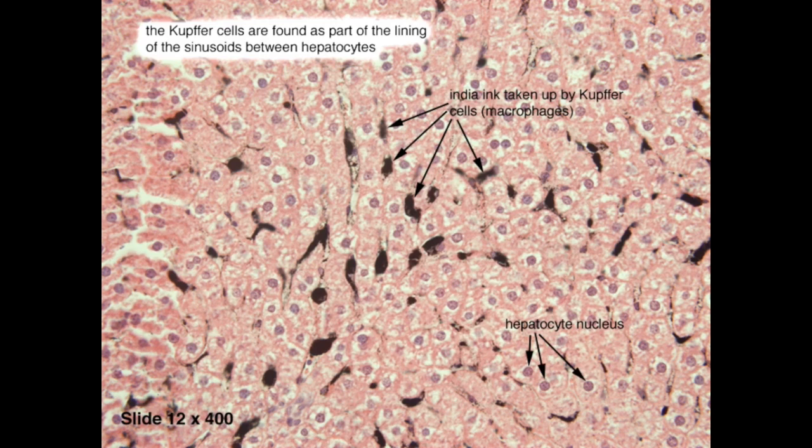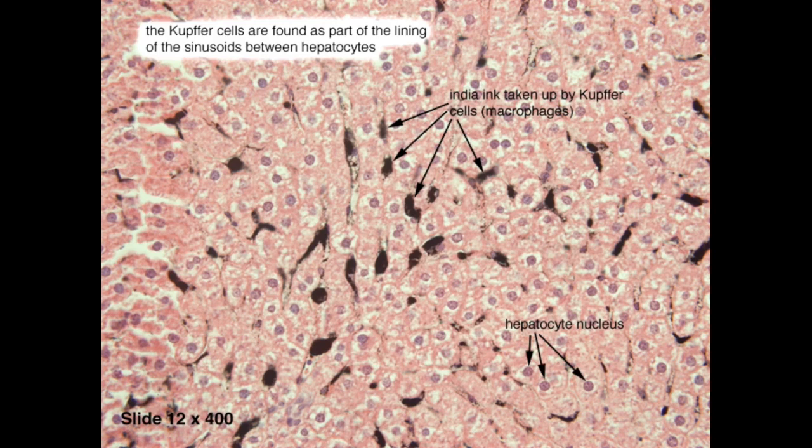Here the stain is called India ink, and it is phagocytosed during the living state by the von Kupffer cells. After that, the animal is dissected, and a section of the liver is prepared and stained by hematoxylin and eosin, so that you can see that the hematoxylin and eosin stained the ordinary hepatocytes, but these von Kupffer cells are stained with the India ink, which is a vital stain.